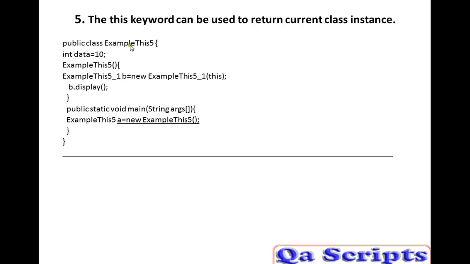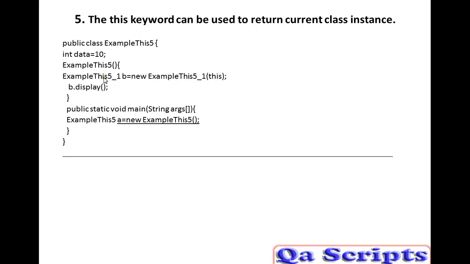The class I have written is Example_this_5, but here the class name is Example_this_5_1. B is nothing but the object name, equal to new Example_this_5_1, and in the brackets I am passing this as a keyword.